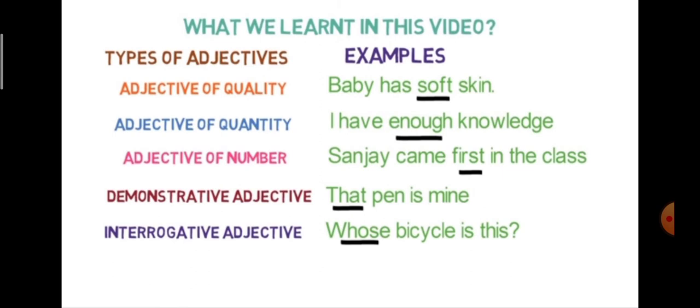Now you need to revise, find more and more examples. Now you would have understood the difference between pronoun and adjective, kinds of pronoun and kinds of adjective, because some kinds of pronoun and kinds of adjective are similar. Learn both kinds and try to understand the difference between both.